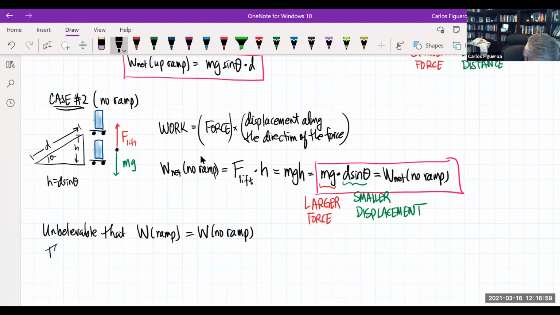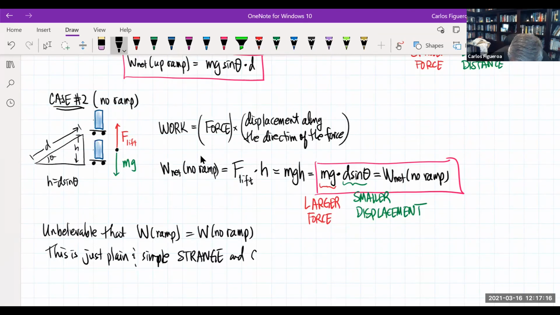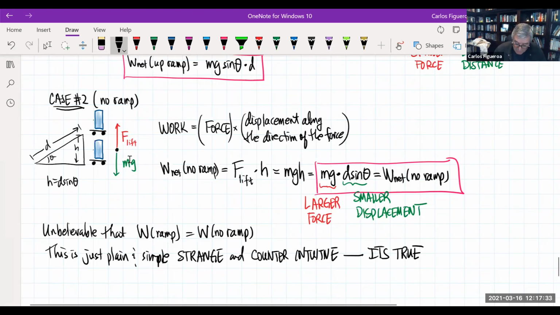I mean, this is just plain and simple, man, strange and counterintuitive. The problem is, it's true. It's absolutely true.